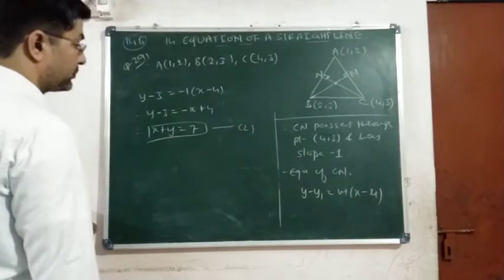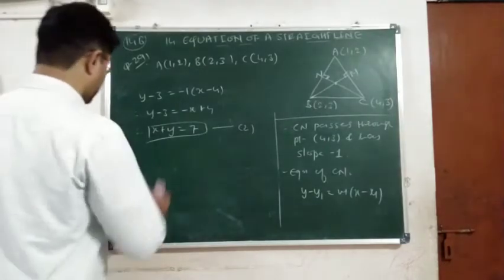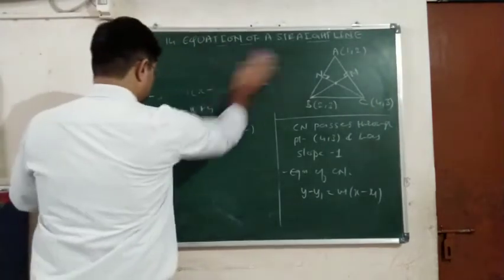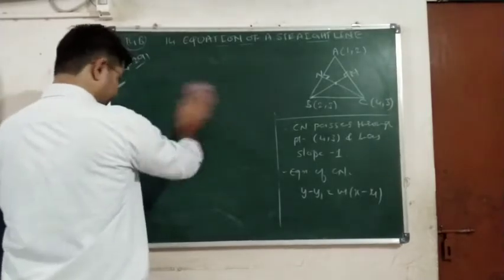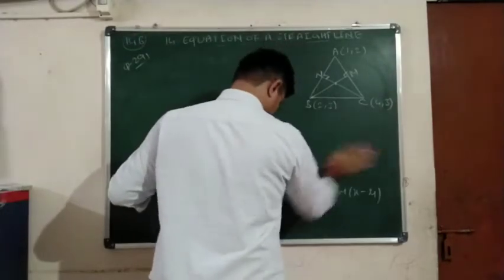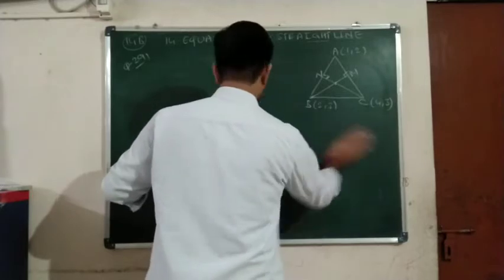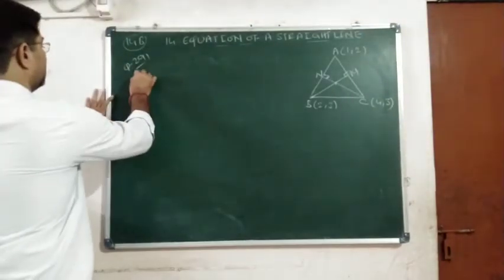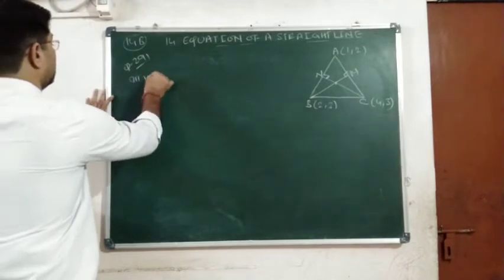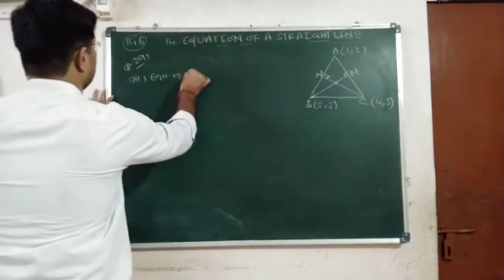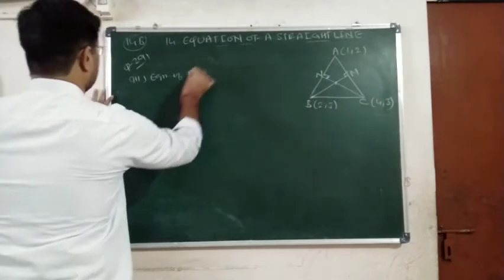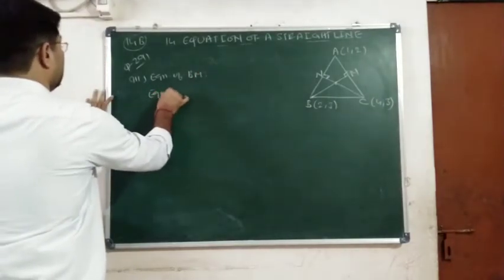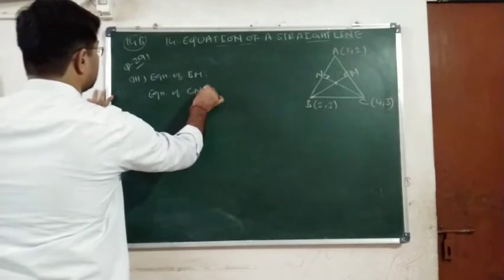Okay, so we have to solve the two equations now. We will write down the two equations: equation of altitude BM and equation of altitude CN.